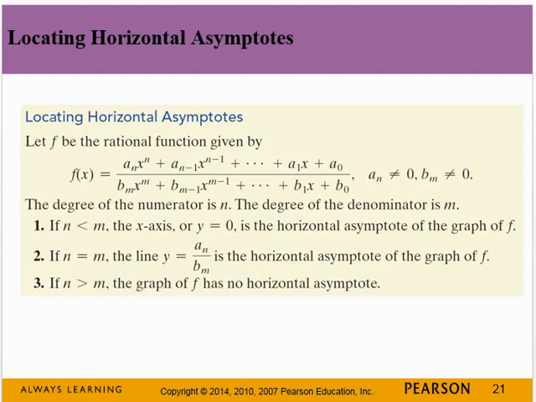First, if n is less than m, the x-axis, or y equals 0, is your horizontal asymptote. If n equals m, the line y equals a sub n over b sub m is your horizontal asymptote. And third, if n is greater than m, the graph of f has no horizontal asymptote.